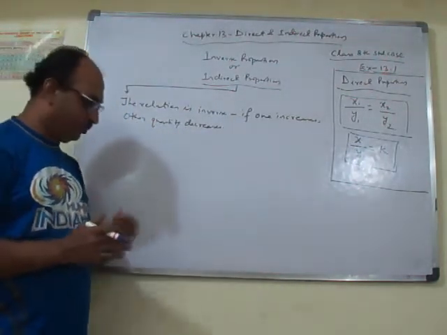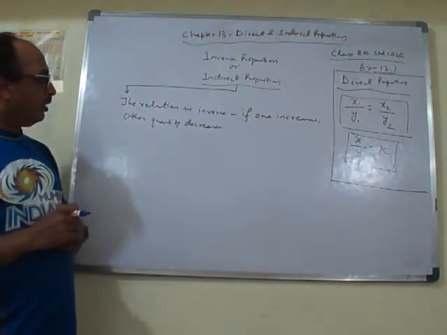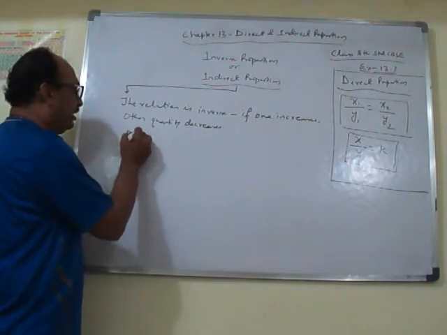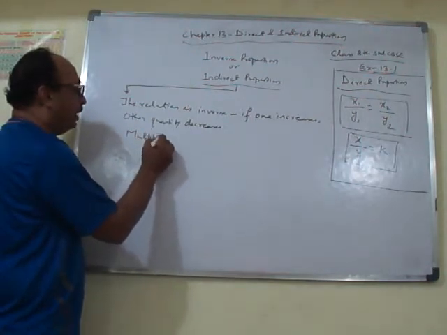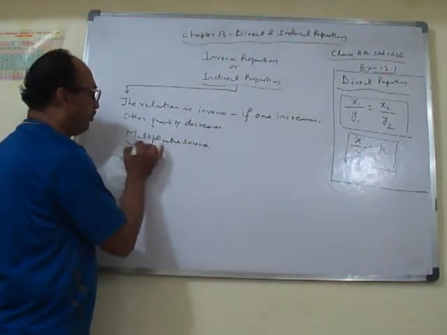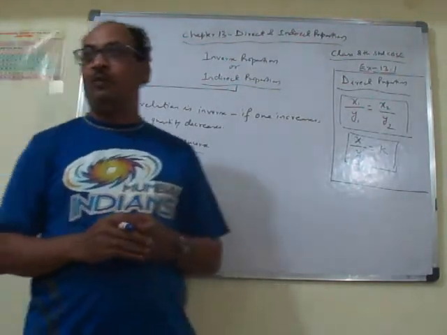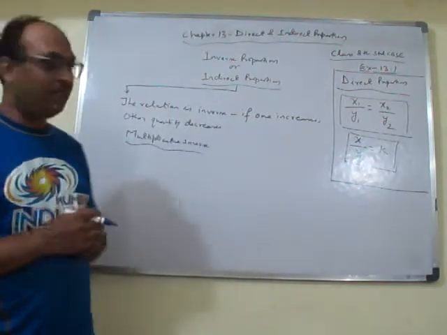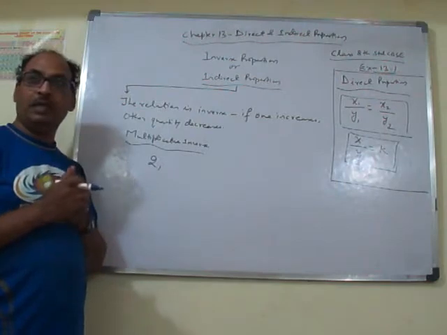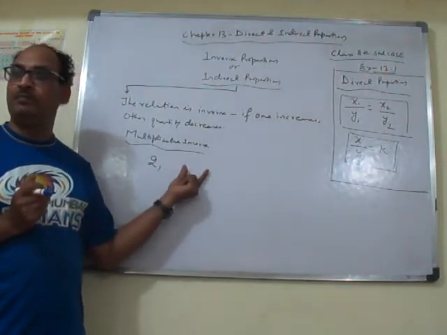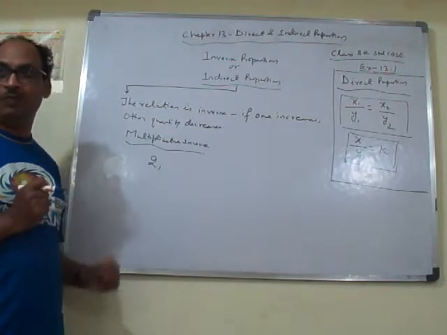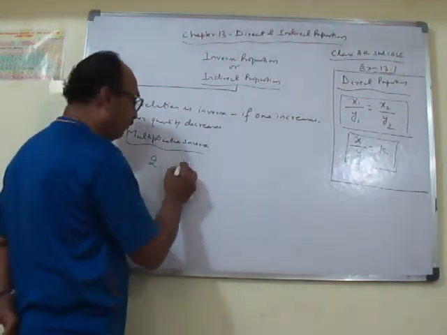Just like what we studied earlier, multiplicative inverse. If one number is 2, its multiplicative inverse will be 1 by 2.